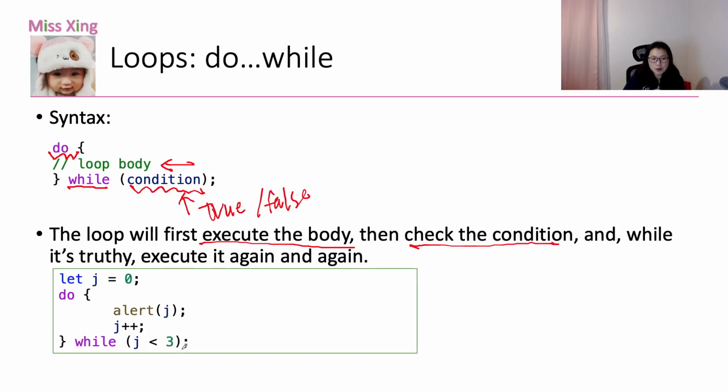Let's take a look at the example. Let j equals 0 and do this. In the body, alert j. So you will see j show 0, and 0 is printed.